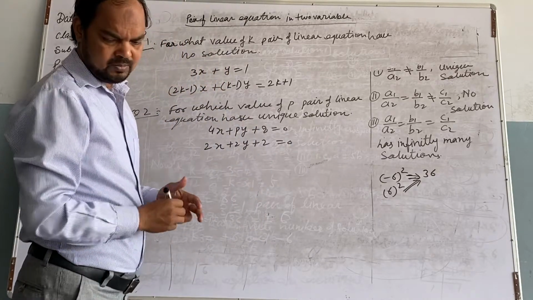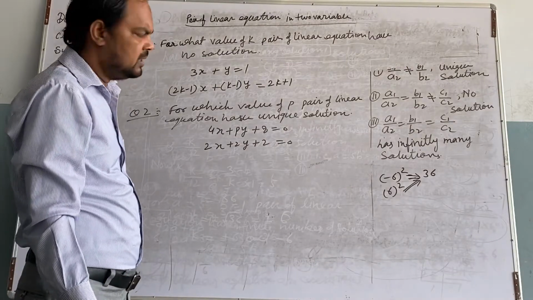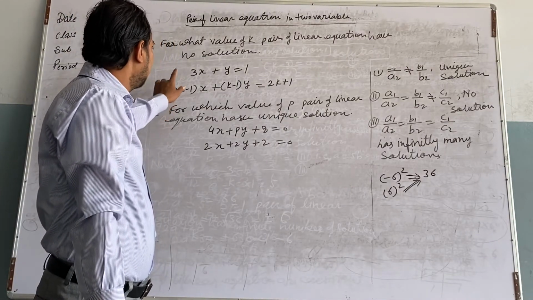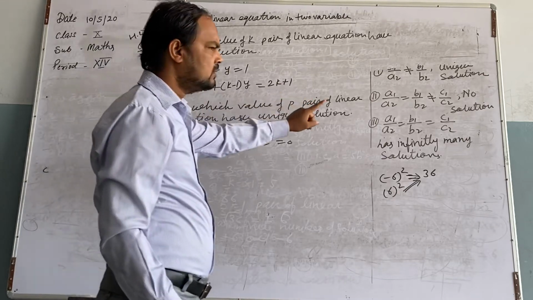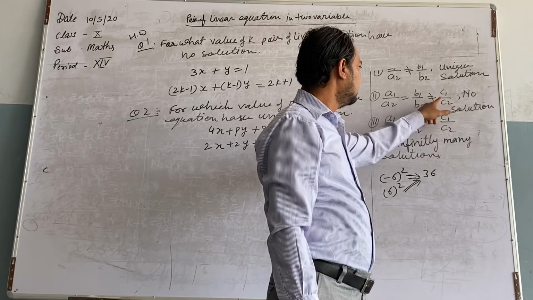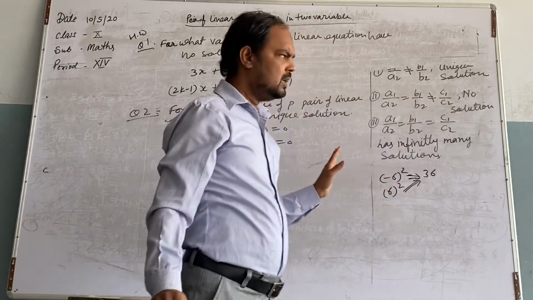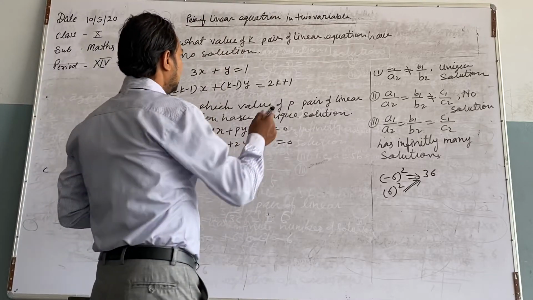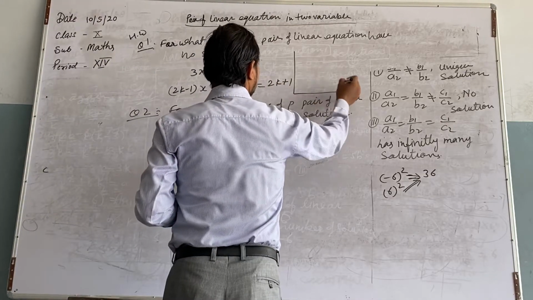See here, I would like to give you some hint. In the first question, for no solution, what is the condition for no solution? A1 upon A2 equal to B1 upon B2, not equal to C1 upon C2. When you use A1 upon A2, first of all you should put in the values and then try to simplify.